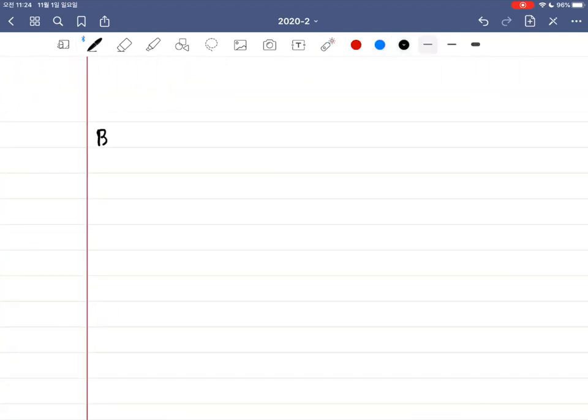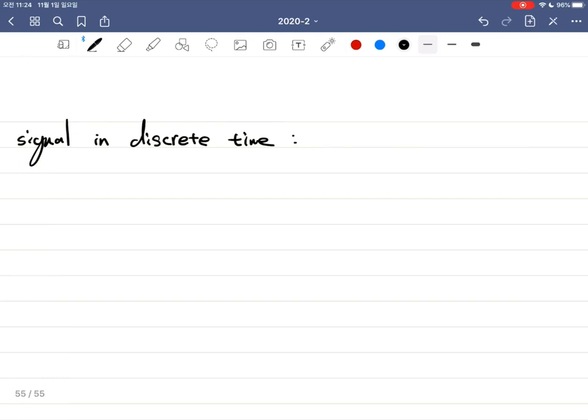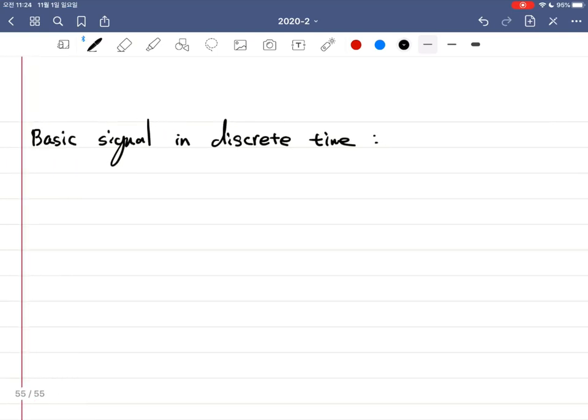So the basic signal in discrete time can be expressed as follows. We will have phi k with a square bracket. Remember, we use this square bracket to represent discrete time.